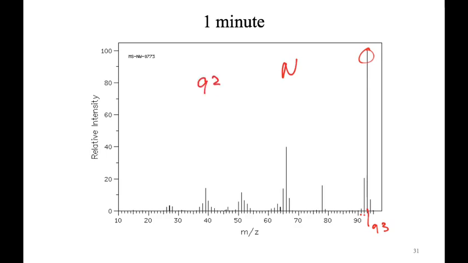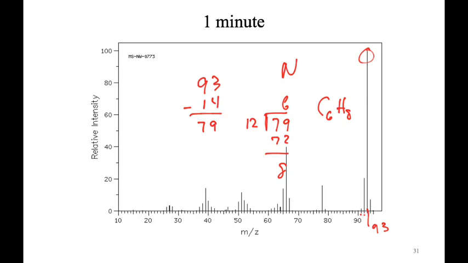Okay. 93 minus 14 is 79 of that remaining mass. It's carbon and hydrogen, 12 into 79. Which is 72. I just remembered that. 8. So I've got C6H8N as a possible formula. I got a little bit more time. What could I do? C5H20.